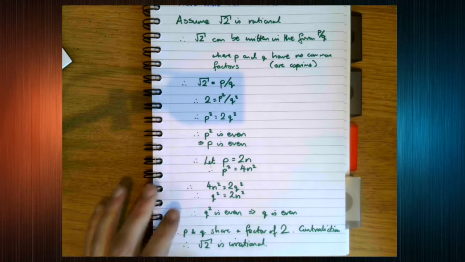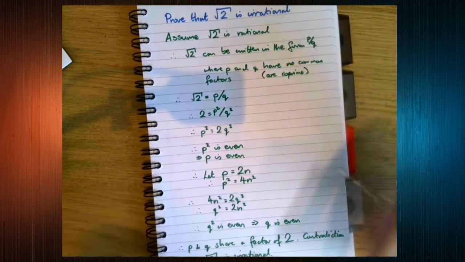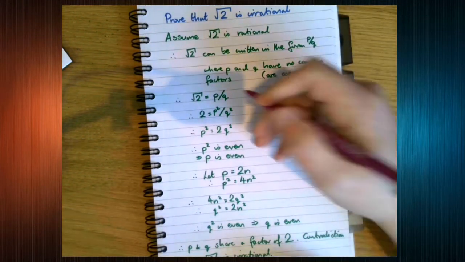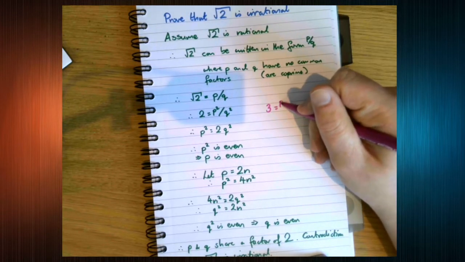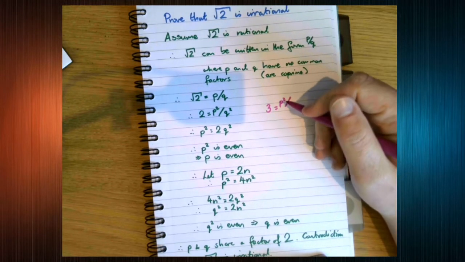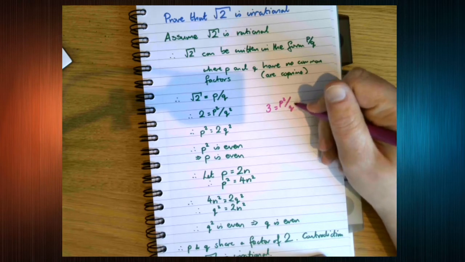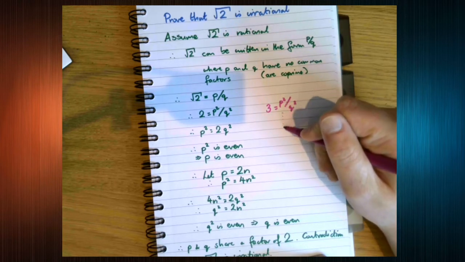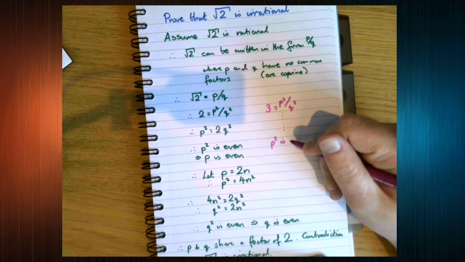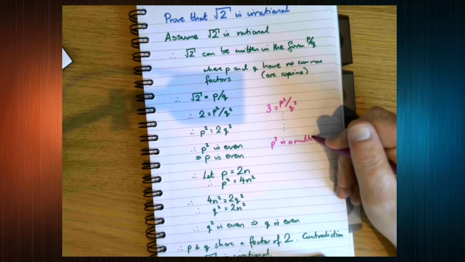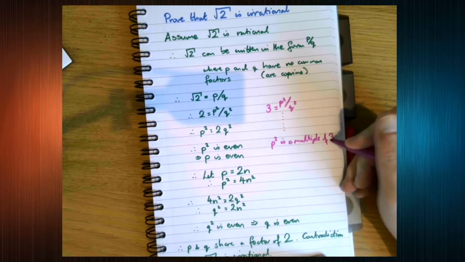so let's say, what I mean by adapting, let's say we had root 3 instead of root 2. Well, we'd have 3 equals p squared over q squared, and it would work the same way. Then you'd have p squared is a multiple of 3.